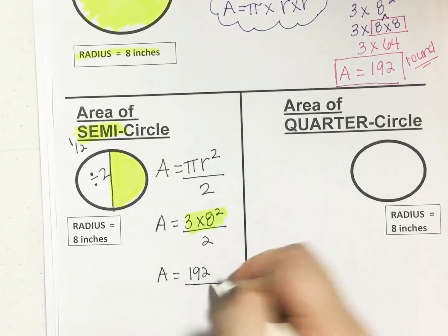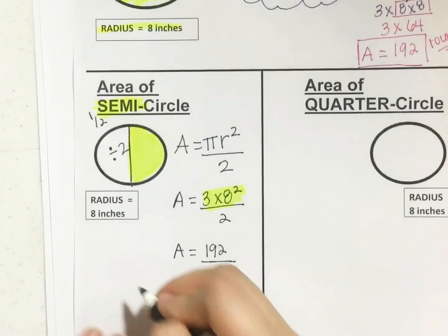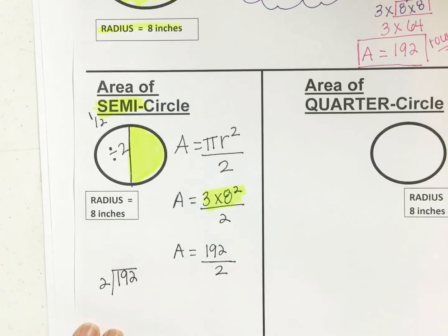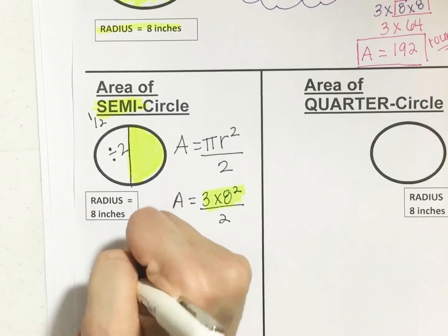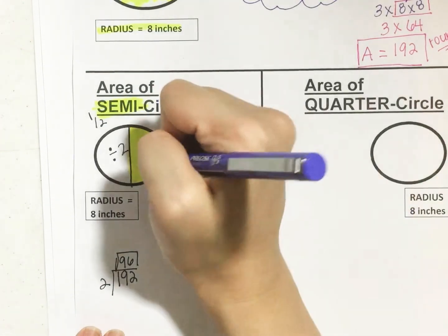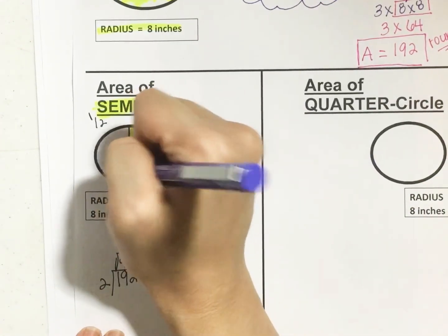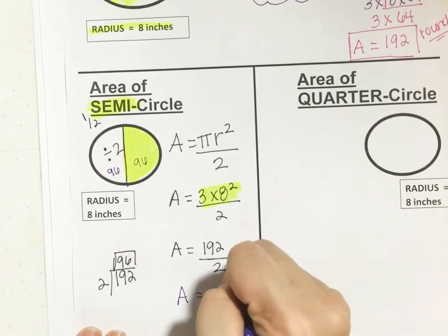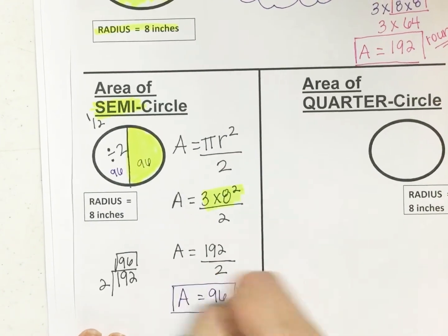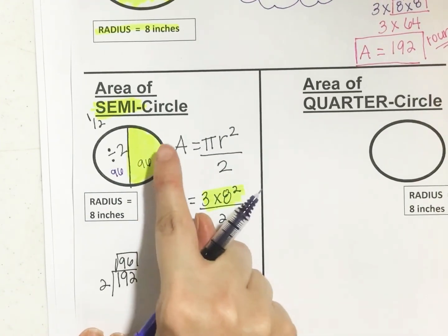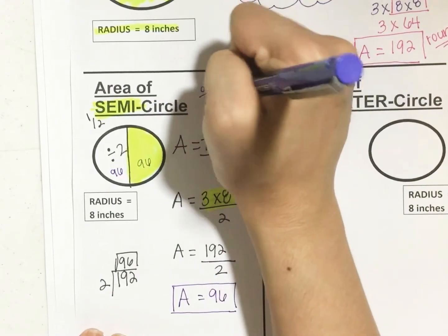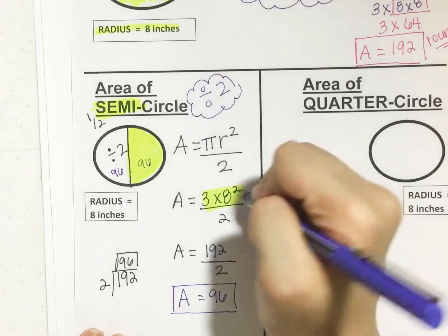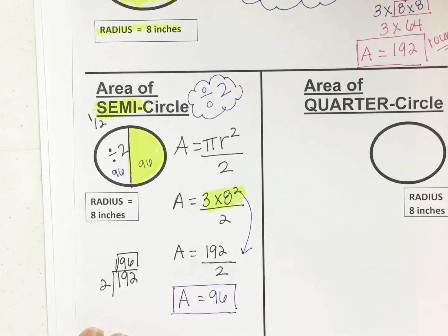I just need to divide by 2. 192 divided by 2 is going to give me 96. So this half is 96 and this half is 96. So the area of the semicircle is 96. Remember that if it's a semicircle, it's very important not to forget to divide by 2.